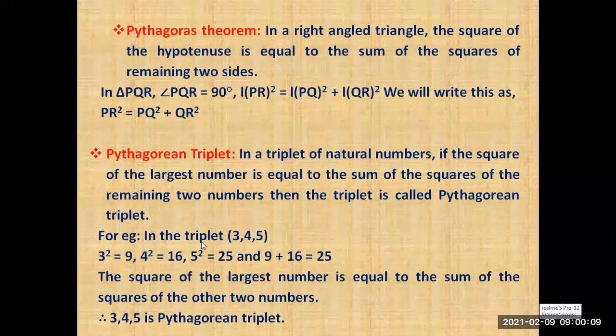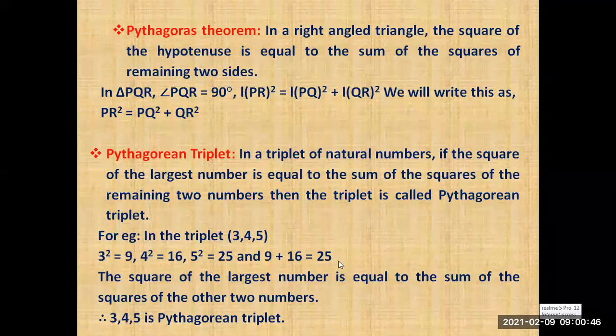We have an example: the triplet 3, 4, 5. Three numbers are given, 3, 4, 5. So 5 is the largest one. First we find the square of the largest number. The square of 5 is 25. Then we find the squares of the remaining two numbers. Square of 3 is 9 and square of 4 is 16. Then add the squares of the remaining two numbers, that means 3 square plus 4 square, that is 9 plus 16 is equal to 25.